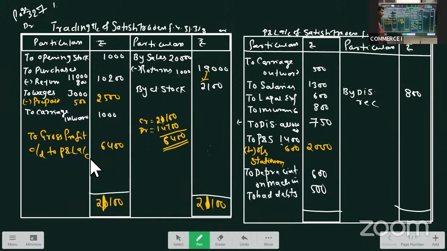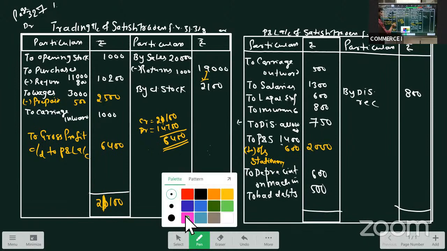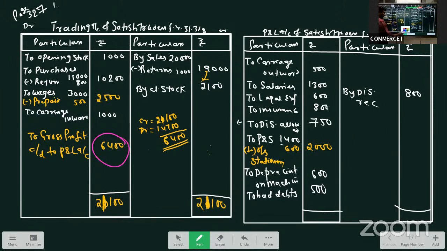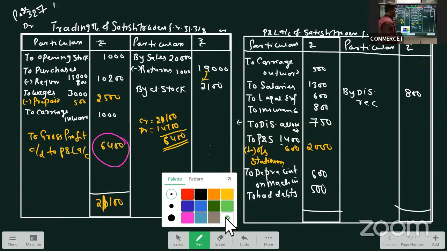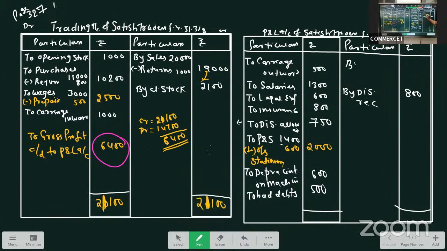Okay. Then we show this gross profit on the credit side of our P&L account. Here, in the P&L account, we will take gross profit brought down 6,400. Right?